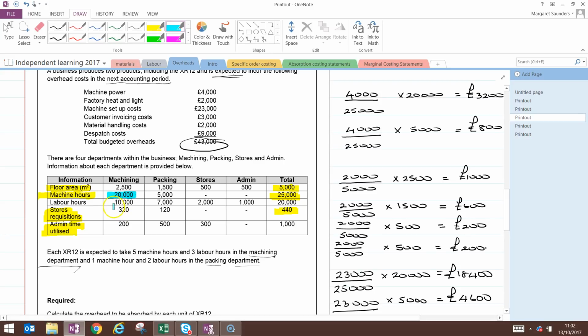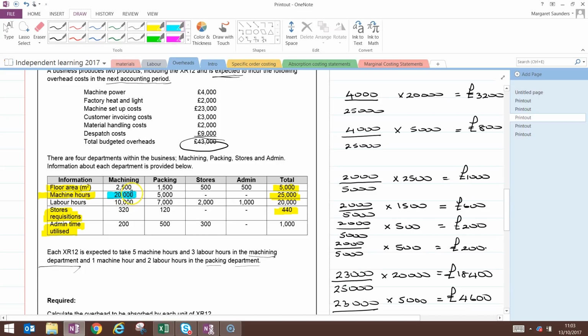You'll see there is also a figure for labour hours, and we can absorb based on labour hours, but the general rule is that we use whichever figure is the higher, machine or labour hours, since that indicates which is the most intensive. So since the machine hours is higher than the labour hours, we're going to absorb on machine hours.